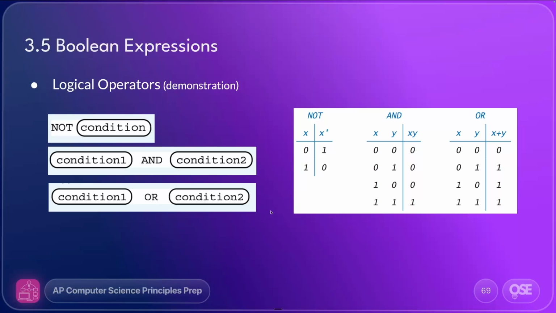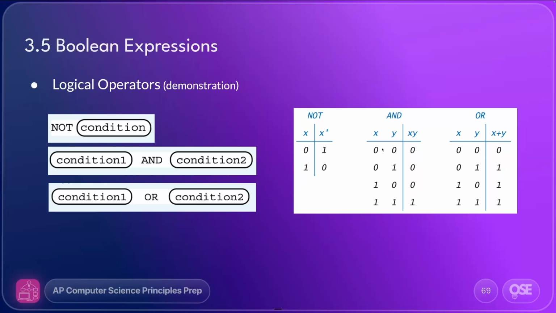Next, logical operators. So NOT basically makes the opposite of the value. If you had true, NOT of that would be false. If you had false, NOT of that would be true. The tricky part comes with the AND and OR operators. False and false makes false. False and true makes false. True and false makes false. True and true makes true.